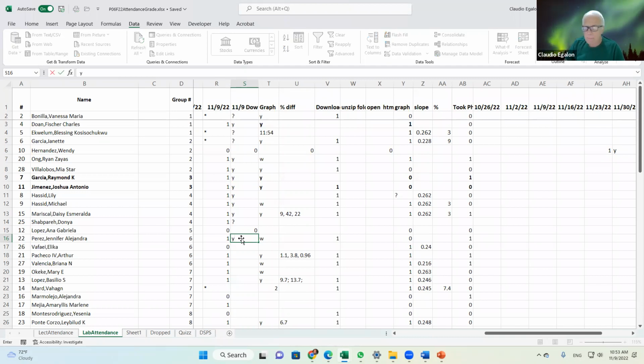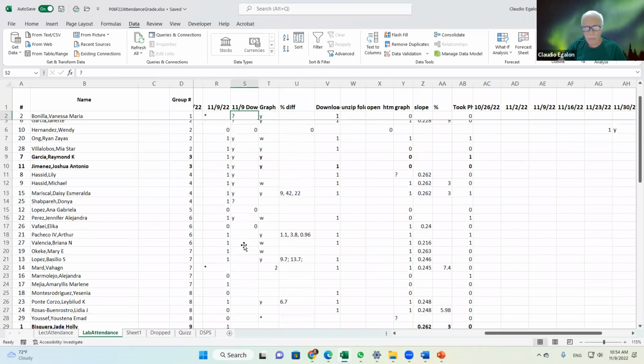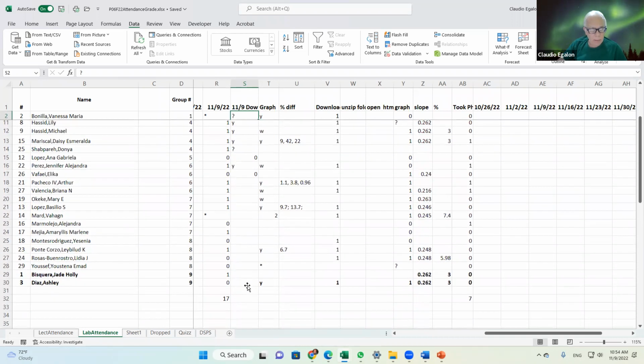Did you plot the graph already, Jennifer? Okay, I'm going to assume that you didn't plot the graph yet. Alika is not here, right? No. Sorry for my Wi-Fi. Okay, so you're ahead of me and Donia. Hang in there.